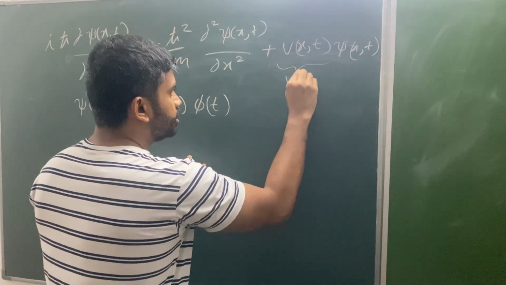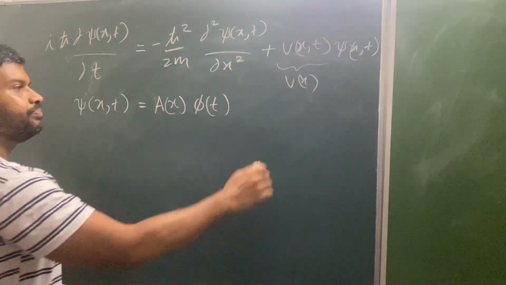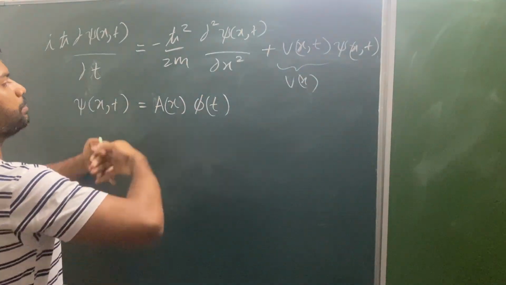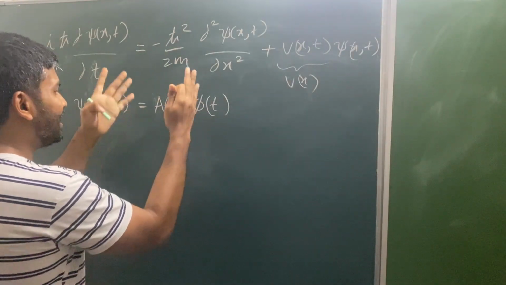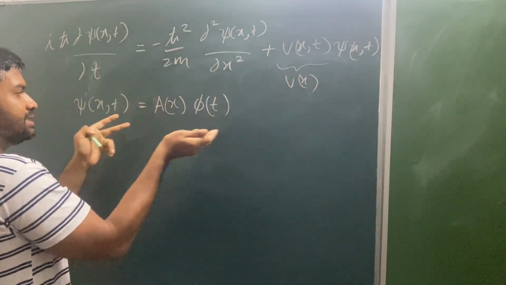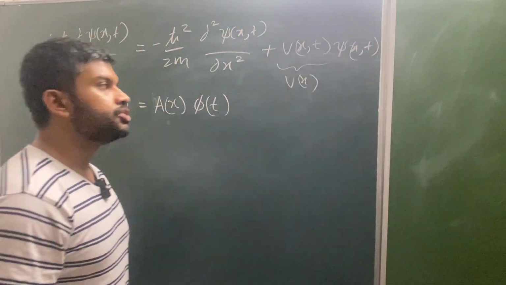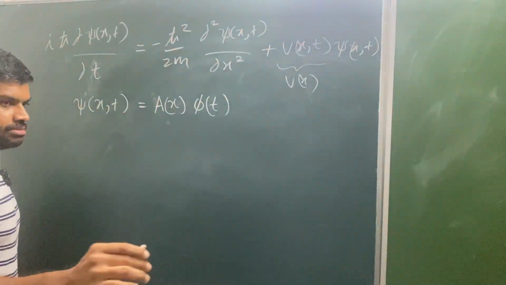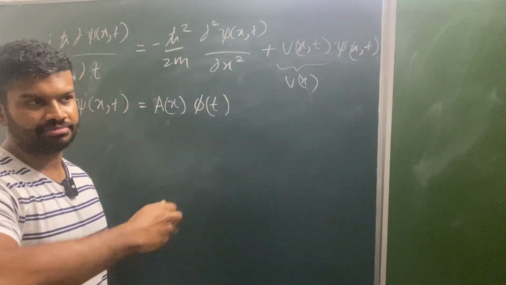So if you can write it like V(x), that's a favorable condition for the wave function to be separable like this, and to show up as a function of x and a function of t. But why? Sometimes you might be wondering, if you're someone like me, I'm never satisfied with just statements.